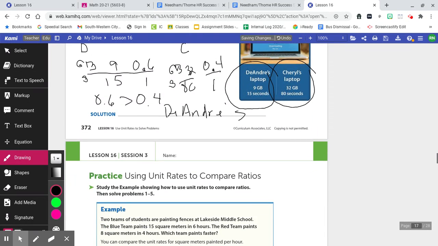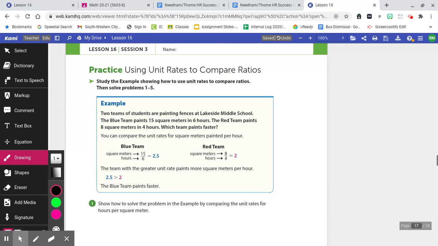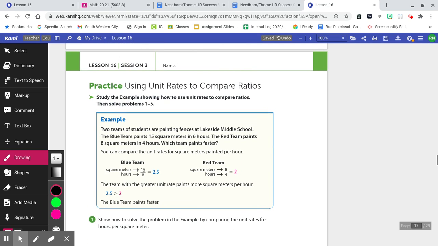Okay, the next part you are going to do on your own. I'll read the example and then you can go ahead and do the ones on this page and the next. 2 teams of students are painting fences at Lakeside Middle School. The blue team paints 15 square meters in 6 hours. The red team paints 8 square meters in 4 hours.